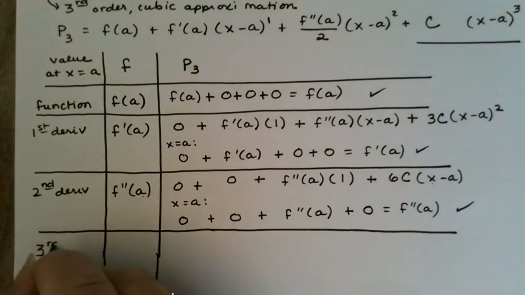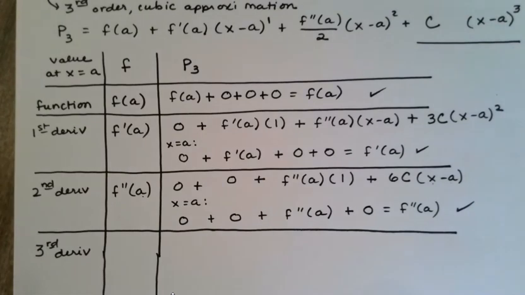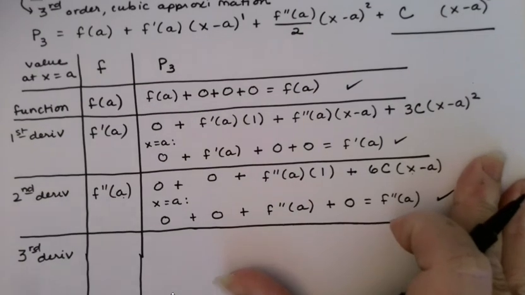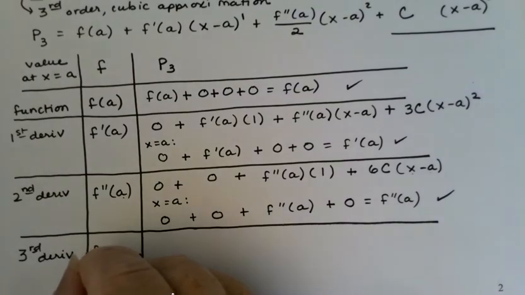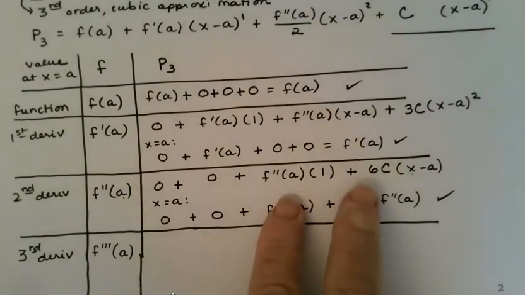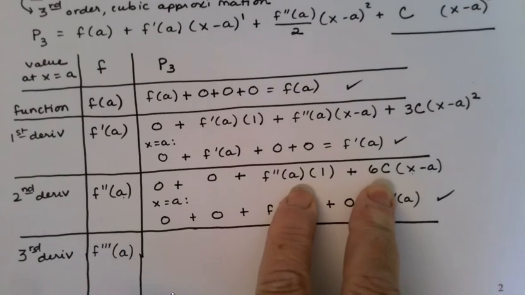I now want to require that these things agree at the level of the third derivative. So the third derivative is going to be f triple prime at a. And I now want the third derivative of p3. Again, just a reminder, this was the second derivative right here.